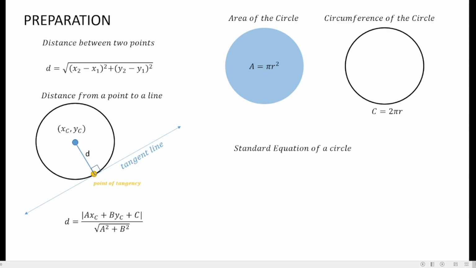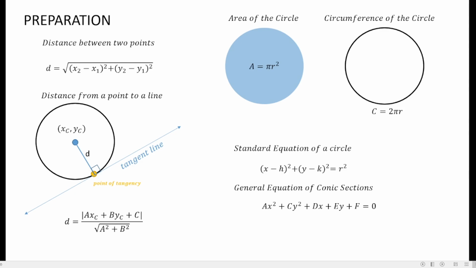Then we also have the standard equation of a circle. If you may recall, that should be the quantity x minus h squared plus the quantity y minus k squared equals r squared. We will also use here the general equation of conic sections. Again, the general equation of conic sections is in the form of ax squared plus cy squared plus dx plus ey plus f equals 0.